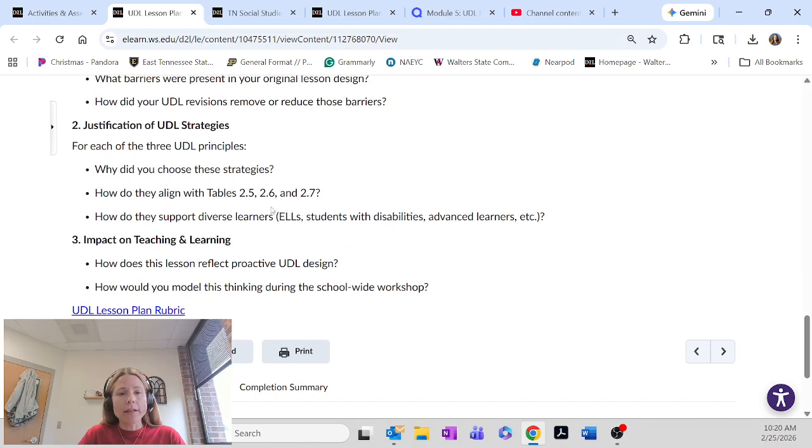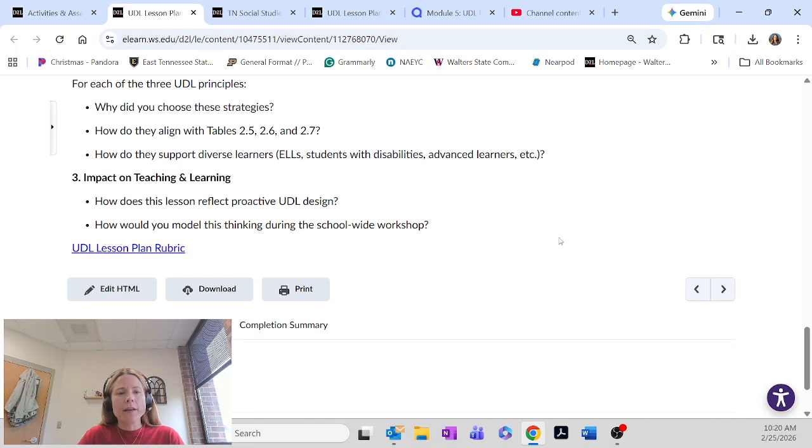How do they align with the tables 2.5, 2.6, and 2.7, and how do they support diverse learners? The last part of your reflection is really going to focus on how this lesson that you provided reflects proactive UDL design, and how would you model this thinking during the school-wide workshop?